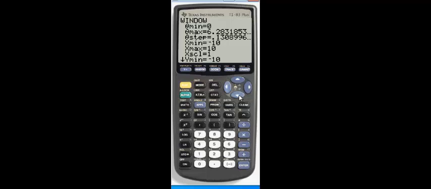We will change x min to negative 5 and x max to 1. And we change y min to negative 3 and y max to 3. That's good enough. We click on Graph. We have this line here. X equals negative 3, the same as what we got.